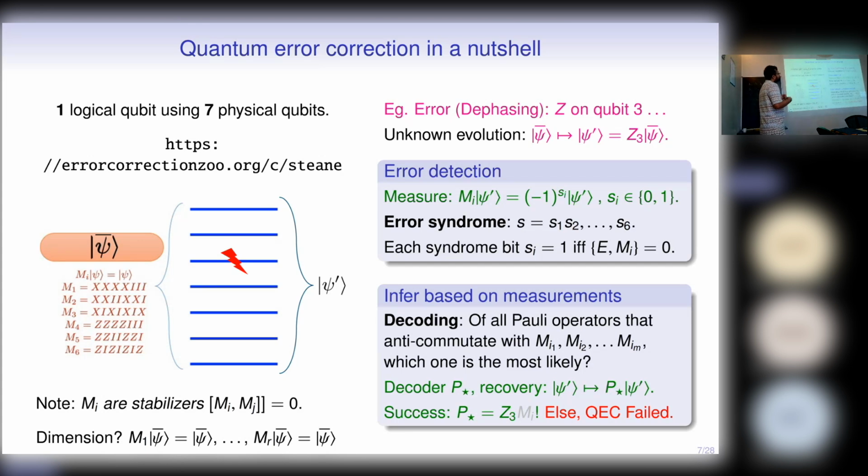Now let me go to some more specialized types of codes. Specifying a code means specifying a more structured set of operators for which I'm looking for +1 eigenstates. For brevity, these operators are called stabilizers because they stabilize your state.